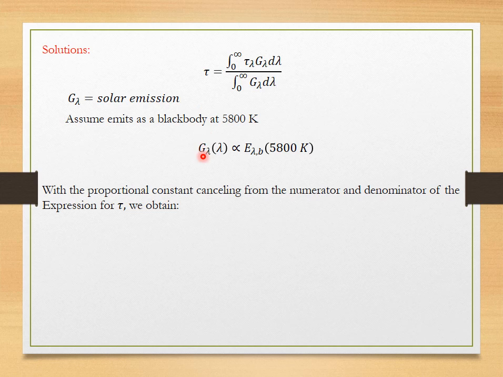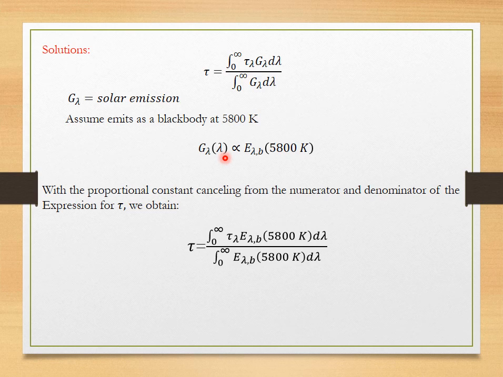Knowing that the solar irradiance and the emissive power are proportional by a constant, we can cancel it between the numerator and the denominator, and we express the transmissivity in this form: the transmissivity times the emissive power at 5800 Kelvin divided by the emissive power of the black body at 5800 Kelvin.